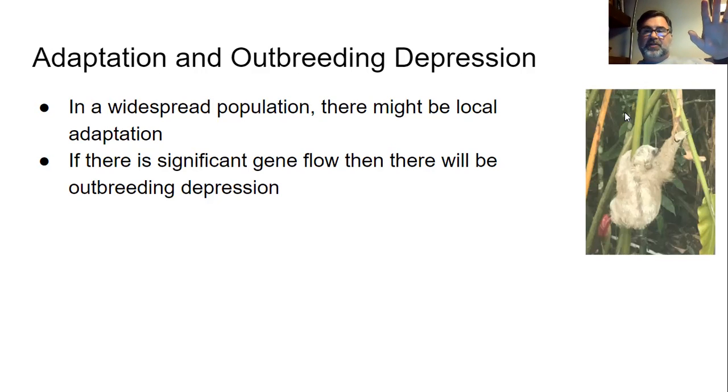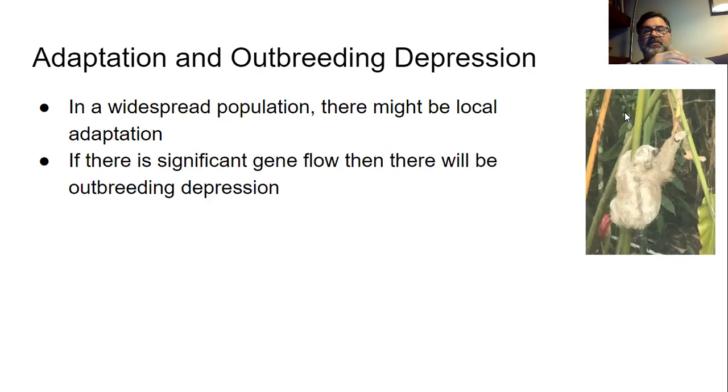So not mangroves, not the ocean, but terra firma forest, so dry forest. Now imagine that there's some sort of genetic adaptation that allows the sloth to have higher fitness in mangroves, and in the other population, they have higher fitness in the forest. And if you take sloths and transplant them, they have lower fitness.